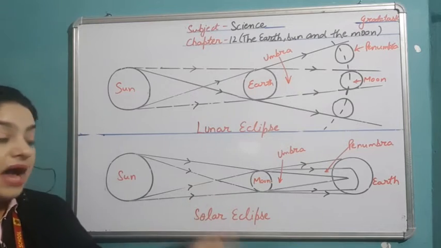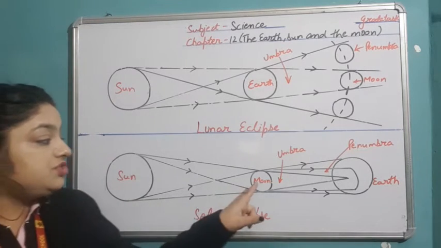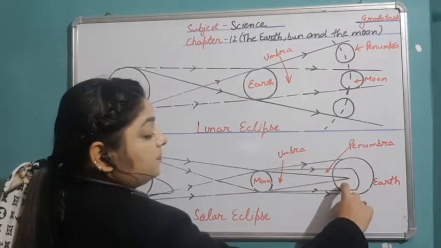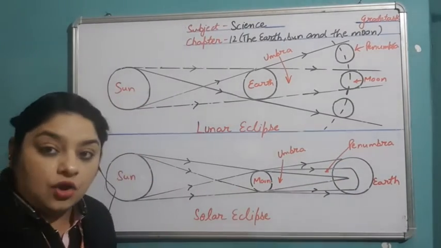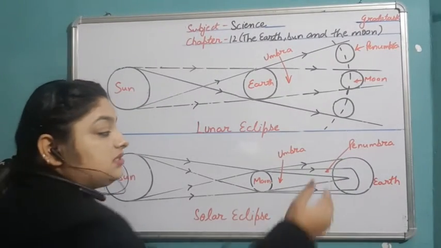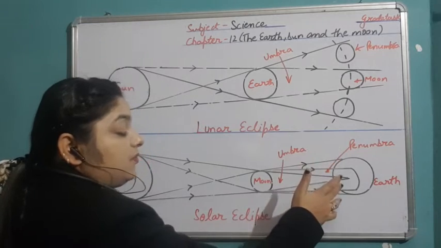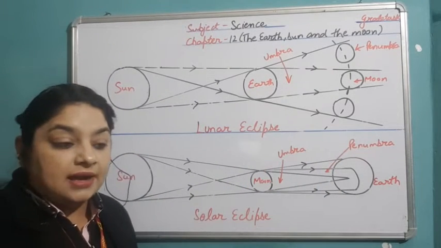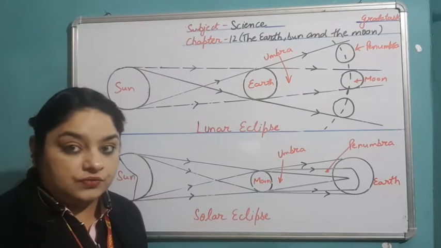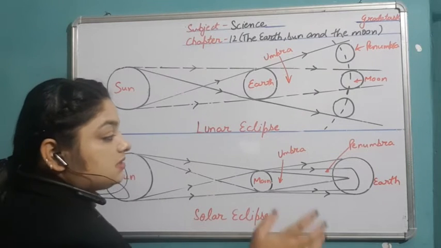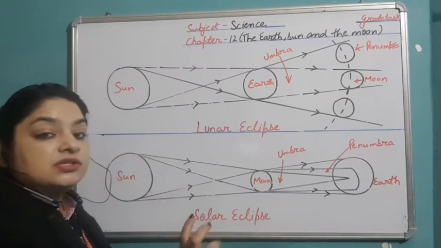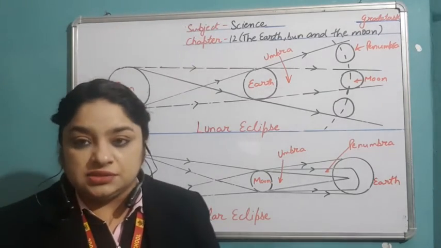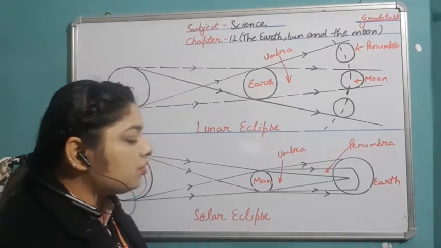And partial solar eclipse is when just a partial shadow falls, a very light shadow of moon falls on the earth and just a part of the sun is not visible. That is known as partial solar eclipse. And solar eclipse is just for a few minutes, for a very short time.